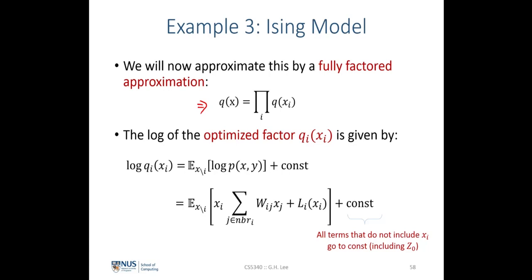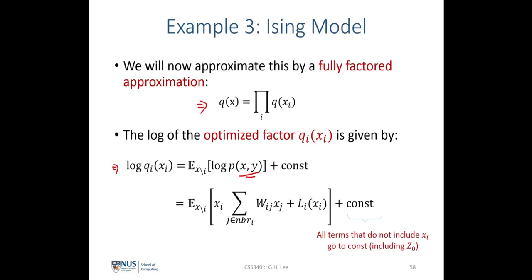The log of the optimized factor is given by this expression, where we are looking at the proposal distribution over xi, and this is equivalent to the expectation over all the other pixels except for the ith pixel itself, of the log of the joint probability distribution of x and y, both the observed random variables and the latent random variables, plus a constant term.